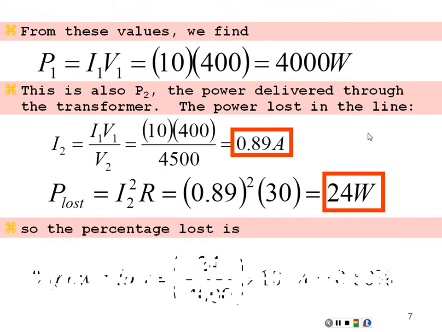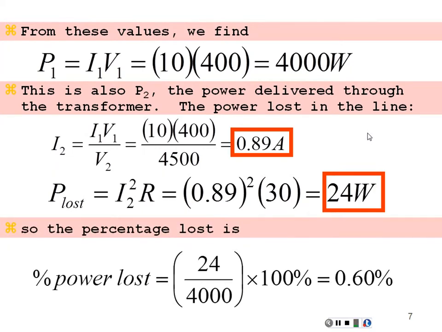So our percentage lost is 24 watts over the power of the circuit, 4,000 watts, times 100%, or 0.6%. Not a whole lot lost in the secondary line.